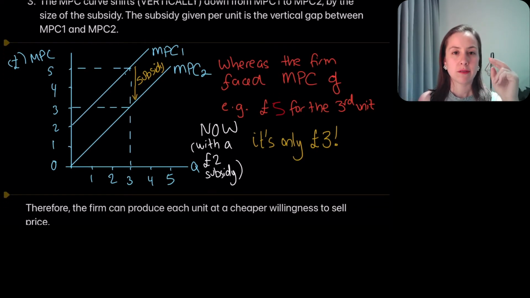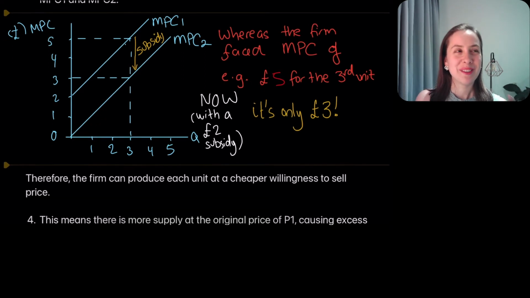Before, it would have cost this firm £5 to make this third unit, and now it costs them £3 to make this. Why? Because the subsidy was 2. So it decreases the cost that the firm faces. And because the cost is lower, they can produce these 1, 2, 3, 4, 5 units at a cheaper willingness to supply than they were before.